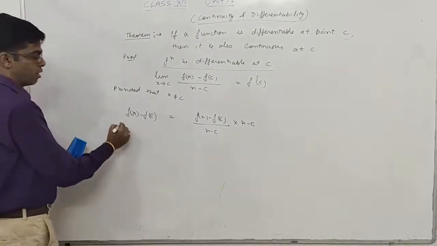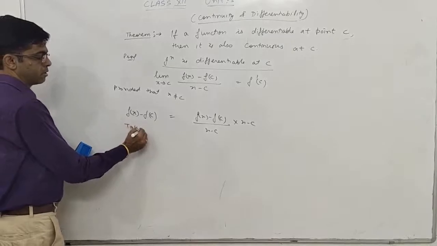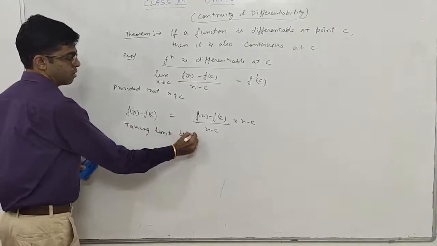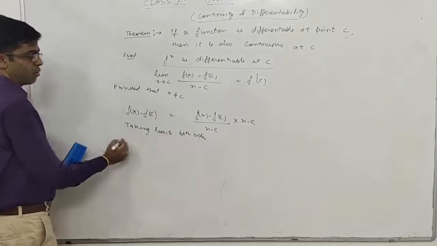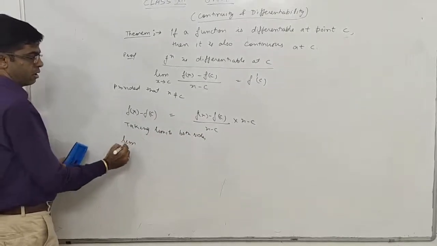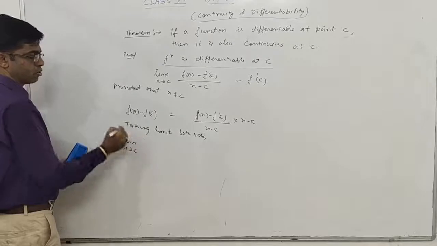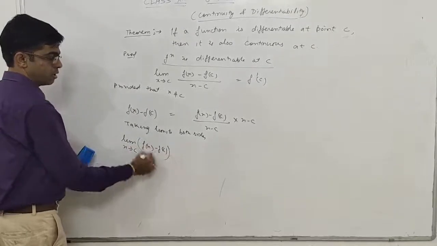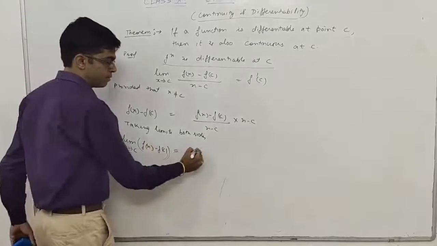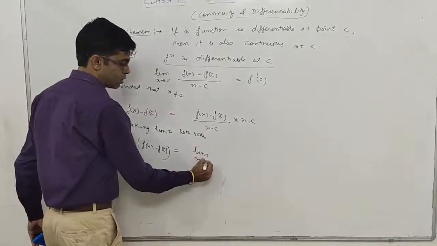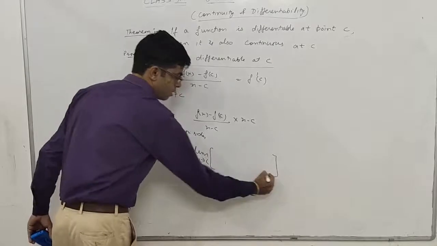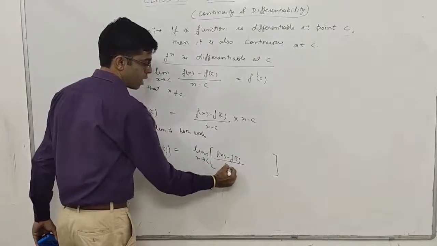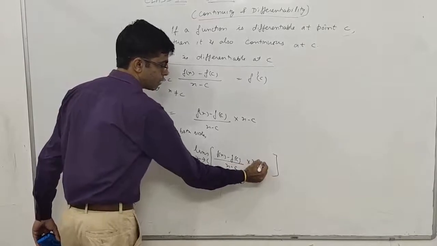Okay, now taking limits both sides, दोनों तरफ लिमिट अप्लाई करो. Limit x approaches to c f(x) minus f(c) is equal to limit x approaches to c f(x) minus f(c) upon x minus c multiply x minus c.